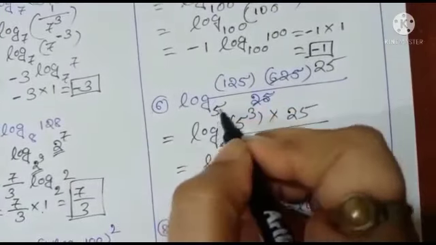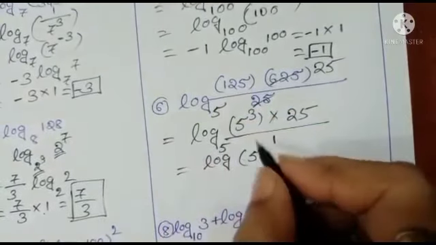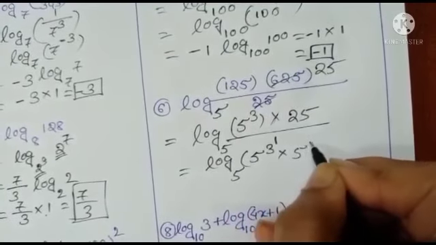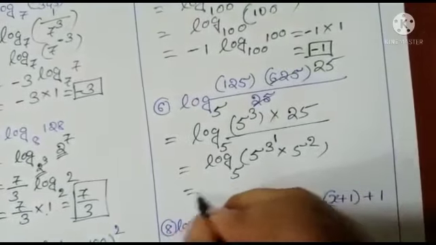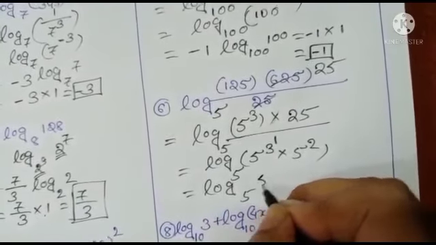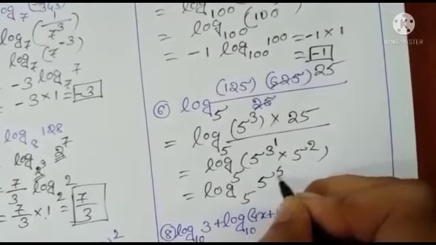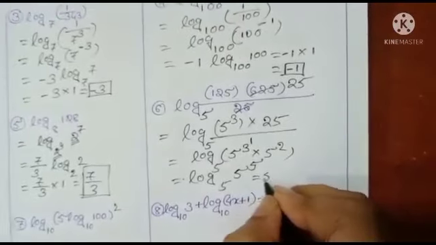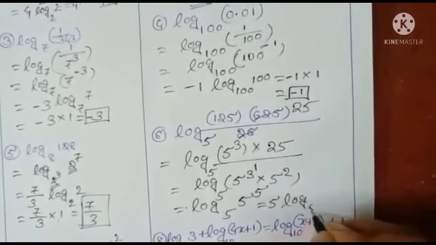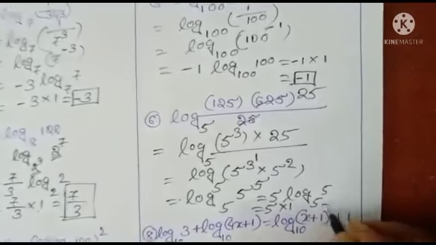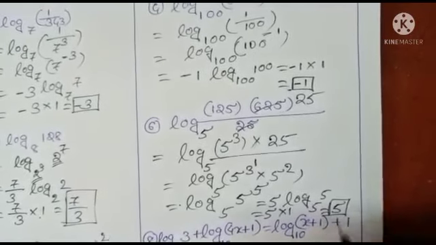Okay, this question has a correction. It's base 5. Okay, log base 5 of 5 cubed into 5 squared. So it means log base 5 of 5 to the power 5. This 5 comes in front. Use this formula. So it means 5 log base 5 of 5 is equal to 5 into 1 is equal to 5.